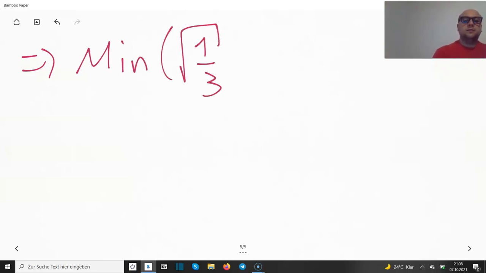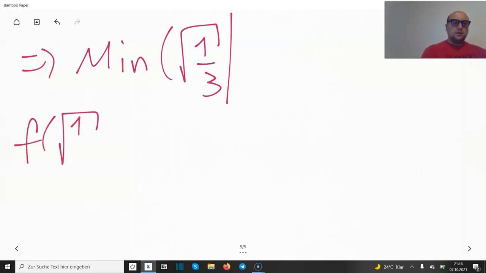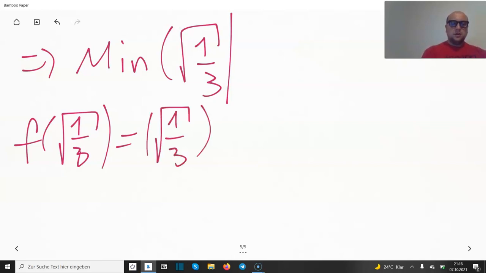This is the x value. And in order to compute the y value, we just should substitute the square root of a third into our equation. So that means we have the square root of a third cubed minus the square root of a third.